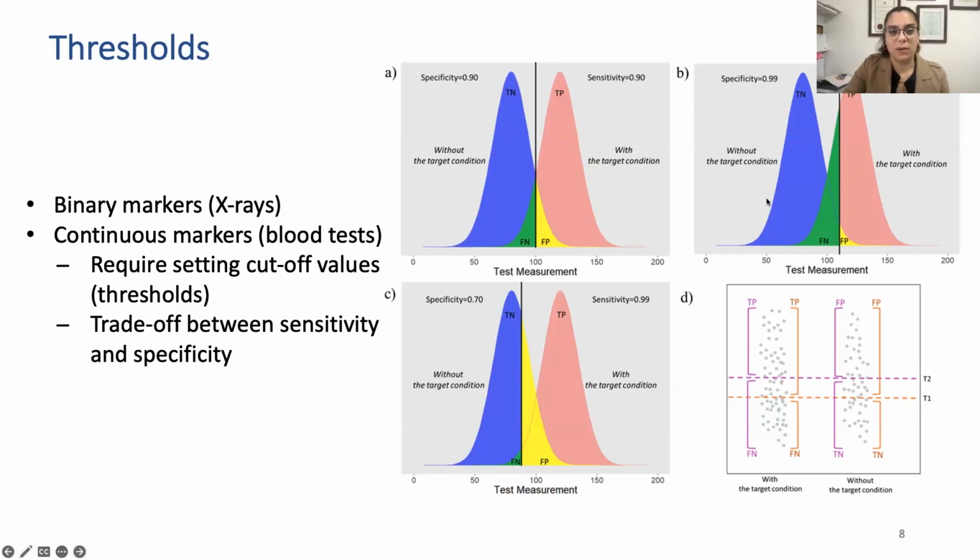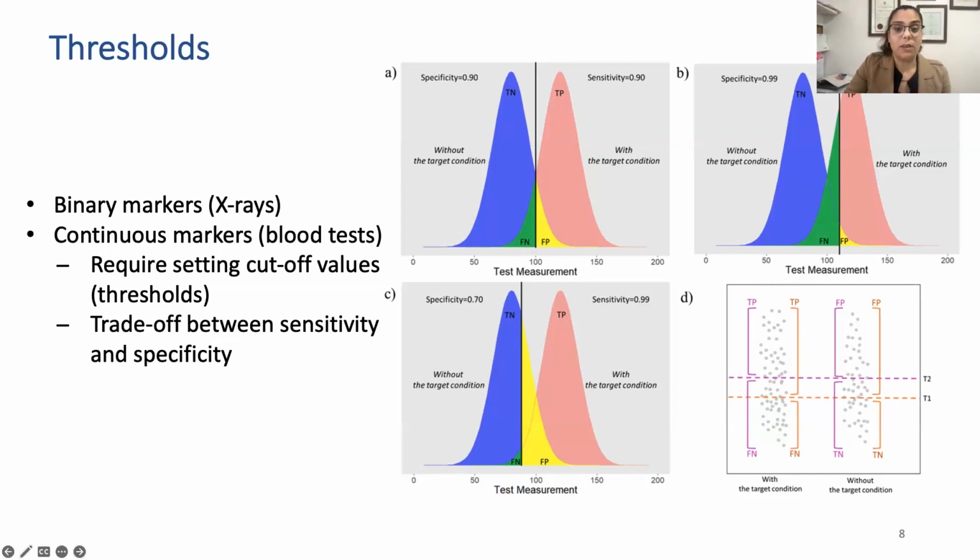And as we can see in those plots in A, B, and C, the distributions of the test results for those with the disease and without the disease overlap. You can see here the shaded areas. The shaded area in green shows us the false negative results, and the shaded area in yellow shows us the false positive results.